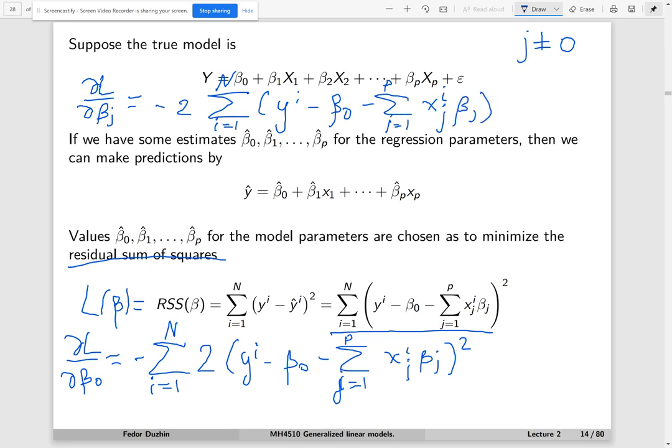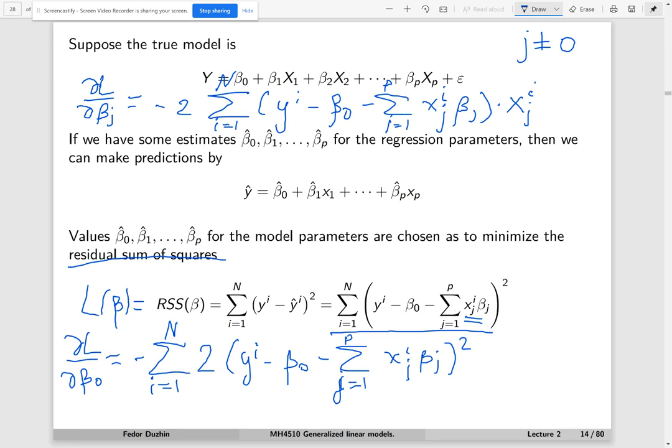But now we need to multiply by the derivative of this with respect to beta j, which is again the huge sum. When we differentiate with respect to beta j, terms that do not contain beta j are going to vanish. Only beta j itself is going to remain there, and the coefficient is xij. So I'm going to do times xij.